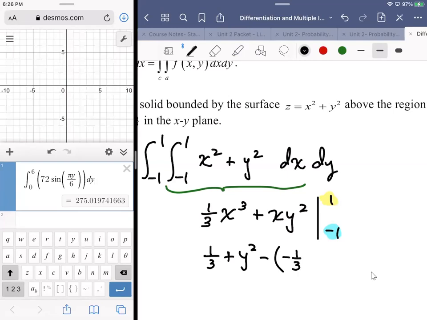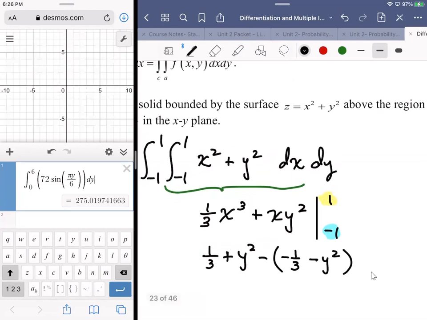And again, popping in a -1, I get minus y squared. Unfortunately, this isn't a clean cancellation, but it's still going to clean up. Two negatives make a positive. Combine our like terms: we're looking at 2/3 plus 2y squared integrated over the interval of -1 to 1 dy.